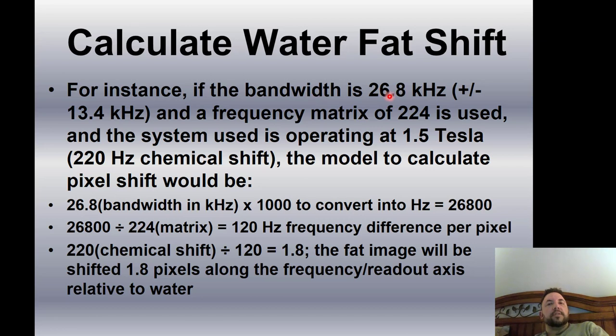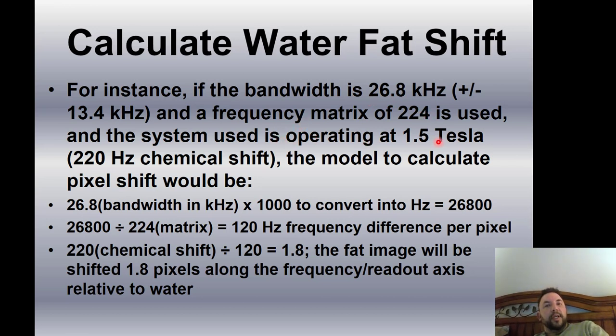If the bandwidth is 26.8 kilohertz, you will see this terminology often. 26.8 is your overall kilohertz, but your bandwidth may be expressed simply as plus or minus 13.4 kilohertz, because everything that we talk about has positive and negative polarities, right? So if it's only expressed as plus and minus 13.4, please note that your total bandwidth is 26.8. And you have a frequency matrix of 224.